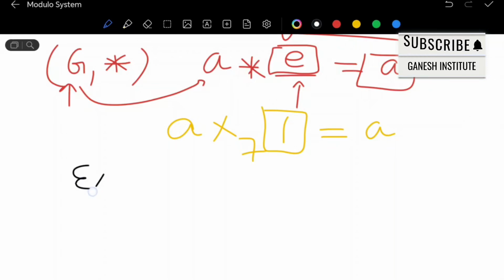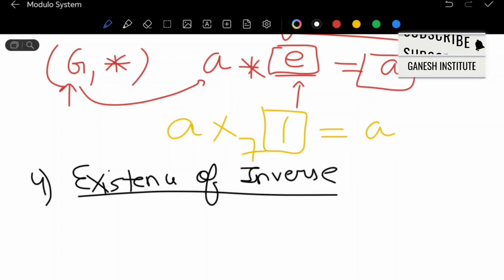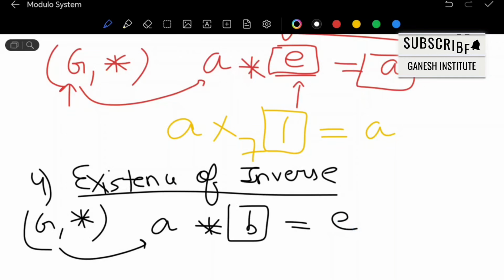And the fourth property is existence of inverse, correct? Inverse says whenever you take an element from the non-empty set and apply this operator with the inverse, it should give you the identity back.